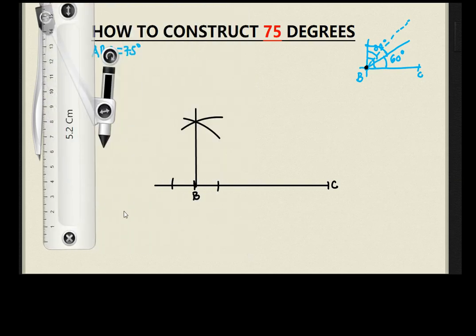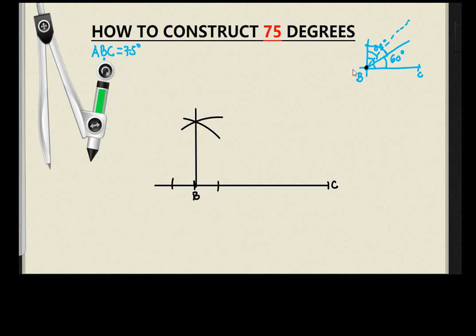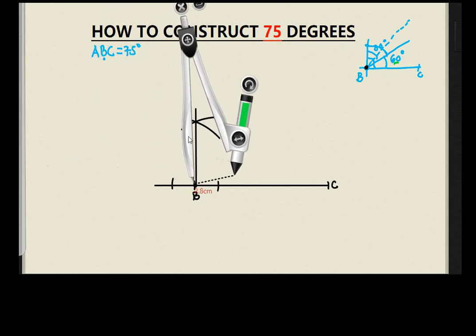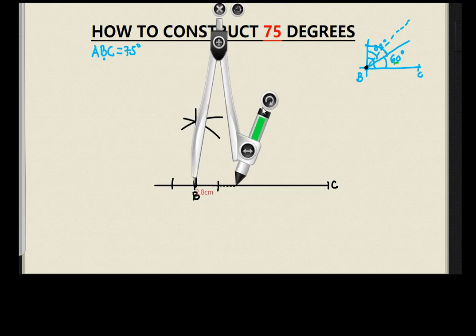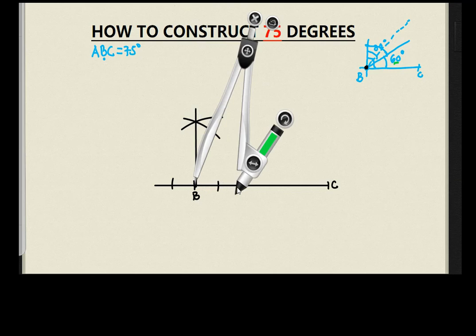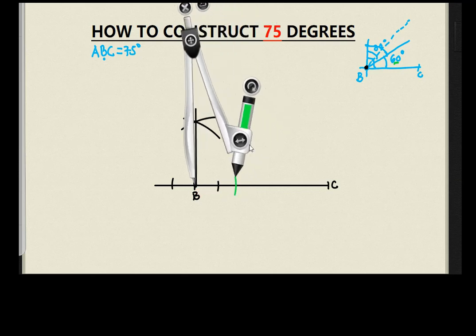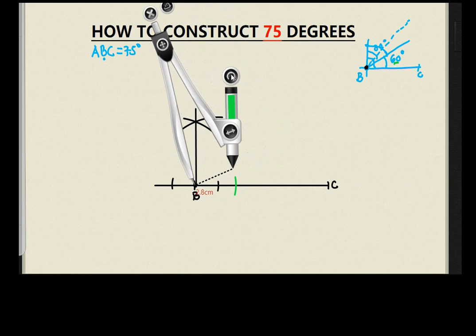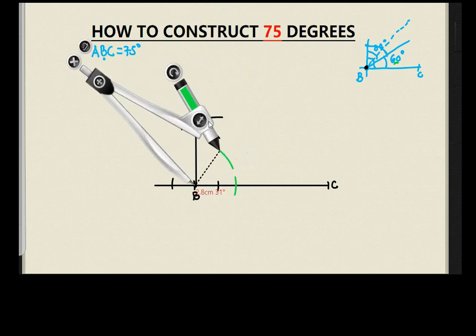Now we said the second step after constructing 90 degrees, we need to construct 60 degrees on point B again. And for you to construct 60 degrees, you remember what you need to do is to draw an arc on a line and then extend that arc above the line like that.